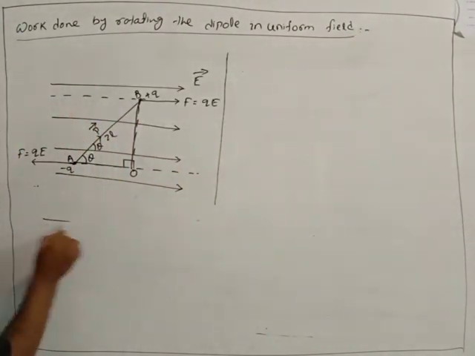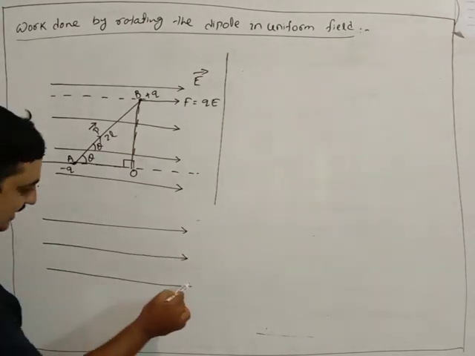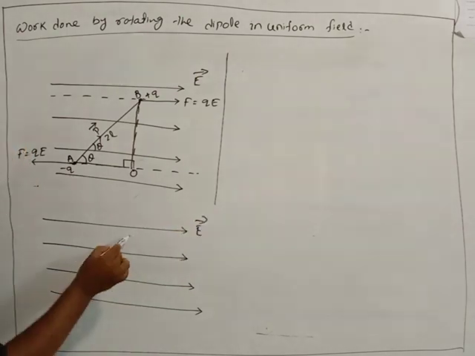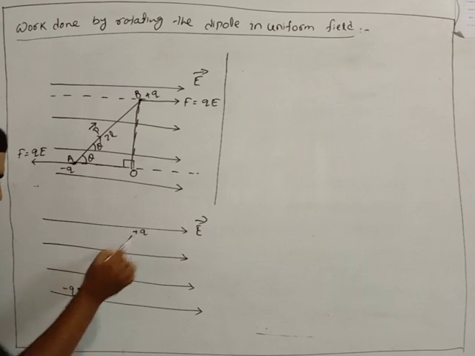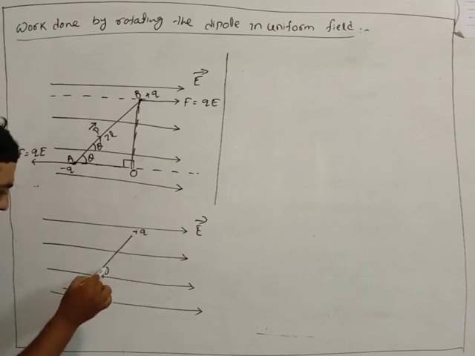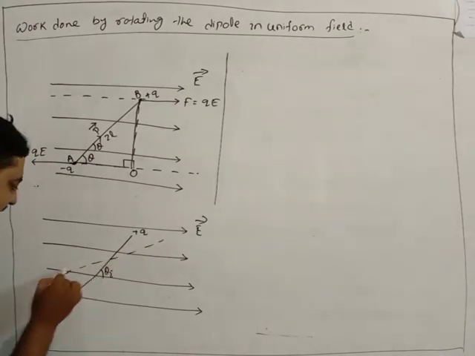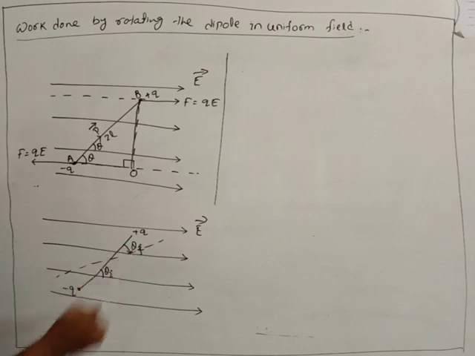So now this is the uniform electric field E. Initially the dipole is at a position theta I. Now I rotated the dipole to a position theta f.